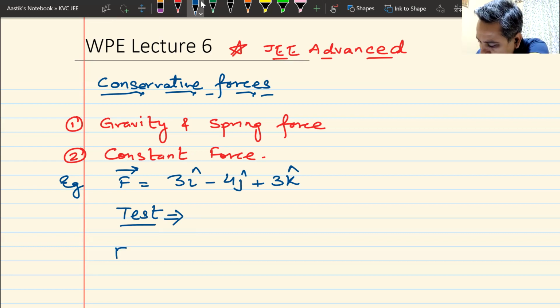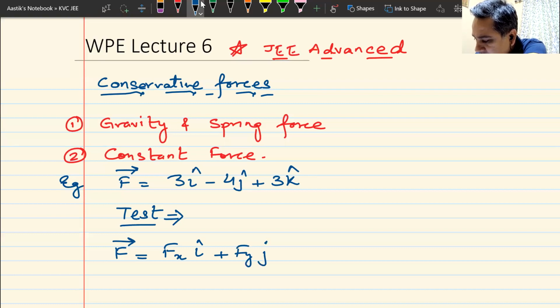Let us take as an example the most general force that I can think of, Fx i hat plus Fy j hat plus Fz k hat. This is the most general force that I can see. How will I find out whether this force is conservative or not?